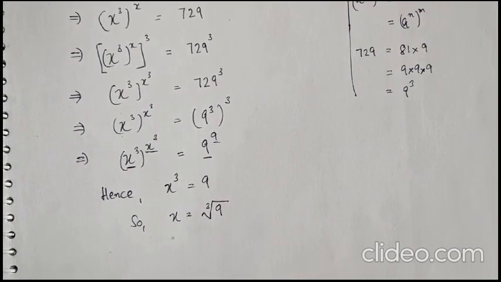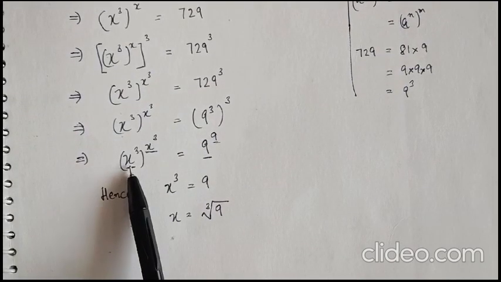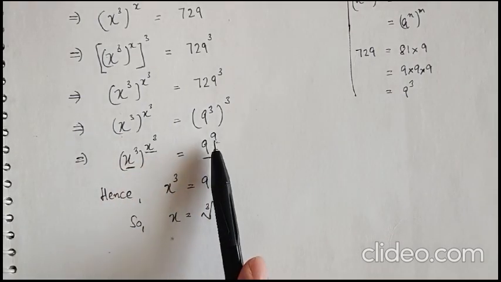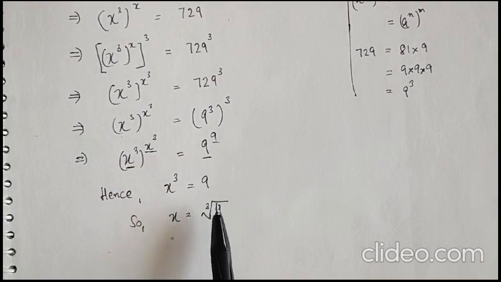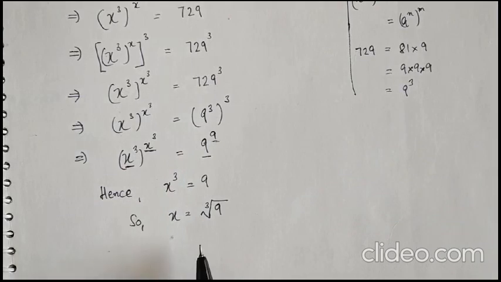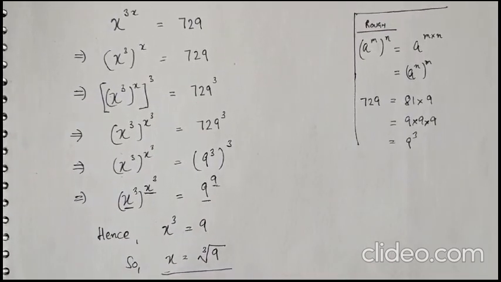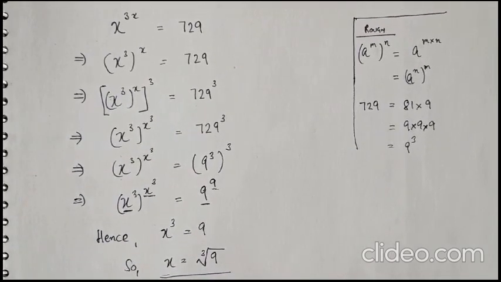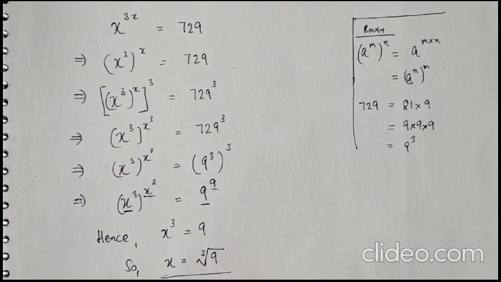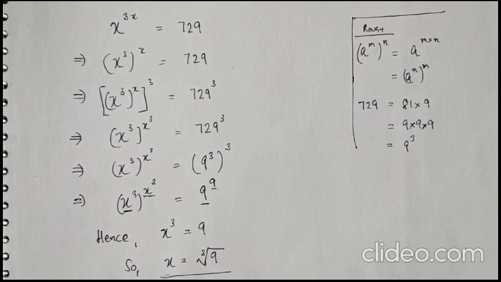Once we have a step like this where x cube to the power of x cube becomes 9 to the power of 9, then it's very easy to solve it out and find the final solution for x. Right? So x is equal to cube root of 9. Thank you, and we will now move on to a second problem of the day.